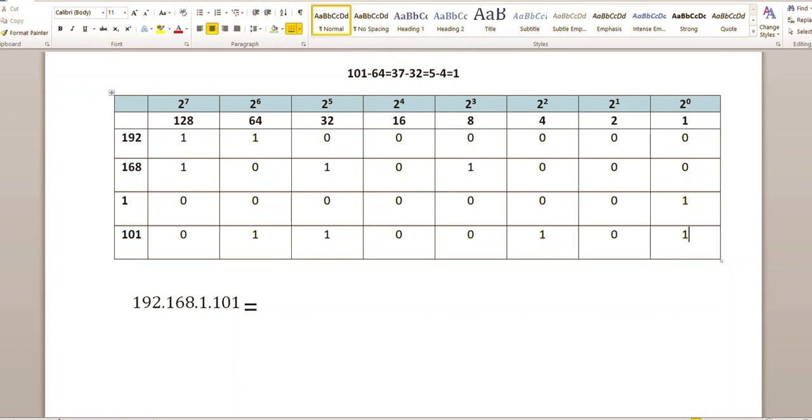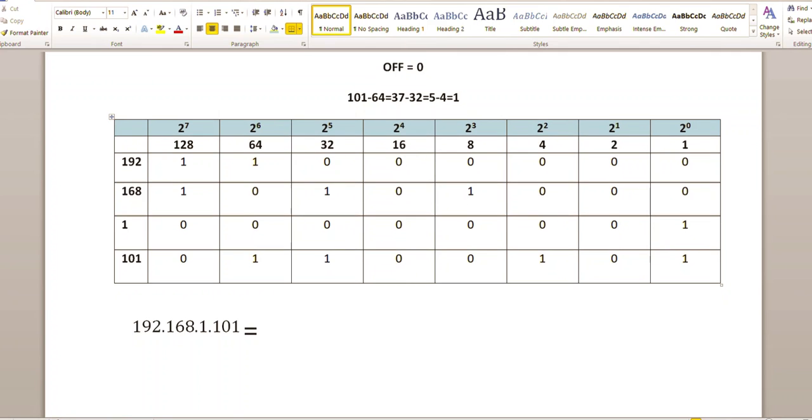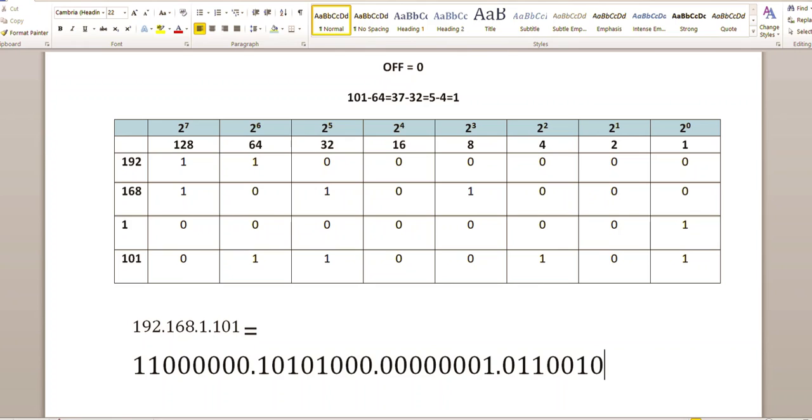So the IP address 192.168.1.101 is simply converted into the binary result shown on screen. Here you can see what I was mentioning about the 32 bits.